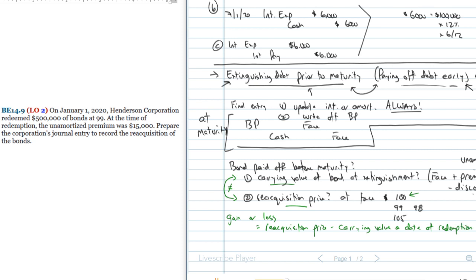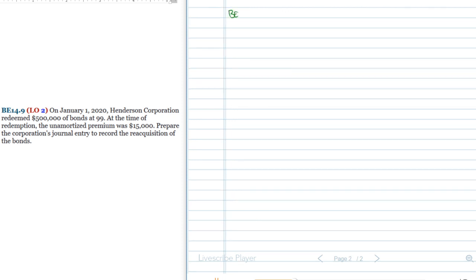And redemption, extinguishment, all those kind of things are synonyms. All right, so let's take a look at an example of how we're going to do this. So we're going to look at brief exercise 14.9. Brief exercise 14.9.